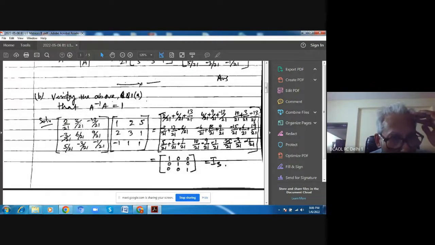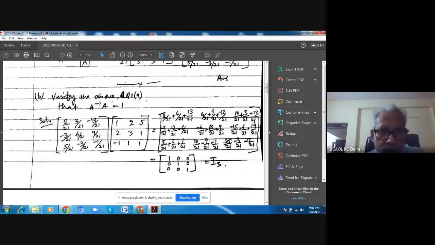First row और first column जितना सारे हैं सब एक एक करके मल्टीप्लिकेशन होते रहेगा, और प्लस प्लस साइन दे देंगे. तो first हम multiply किया 2 into 1, 2 divided by 21, then plus, then this one, so 3 into 2, 6 divided by 21, plus, then minus 31 and minus 1, so ultimately plus 13 divided by 21. So this part is over.